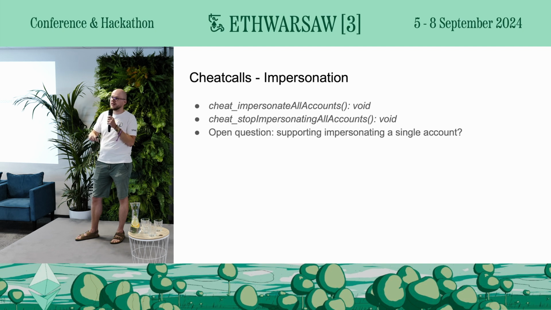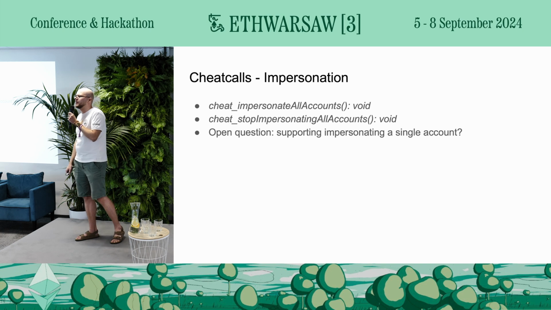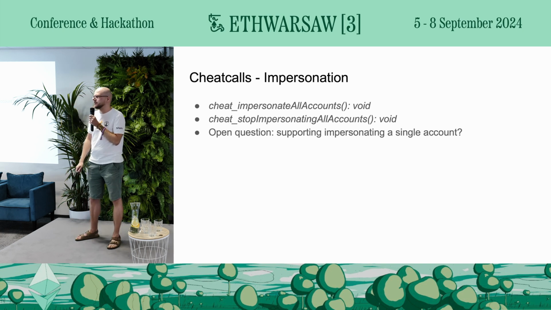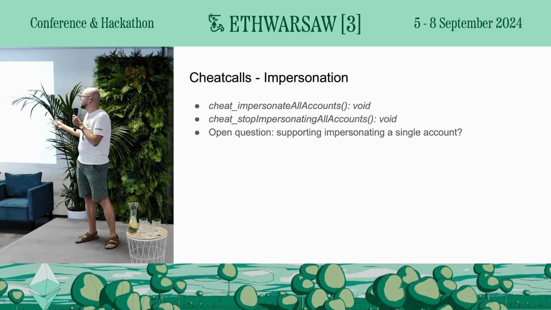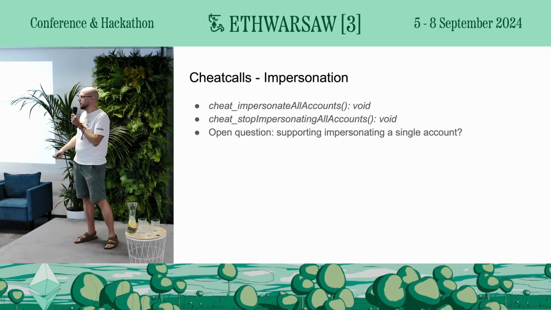On the other hand, if you have a private key, the client-side library is going to sign the transaction and send a signed blob using a different RPC method, I think it's called eth_sendRawTransaction or something like this. So basically, this is how the node knows if you wanted to impersonate an address or not.